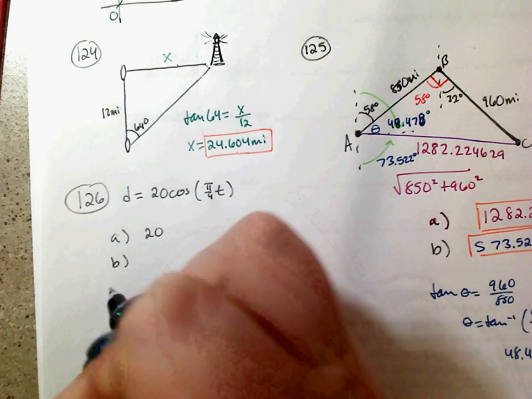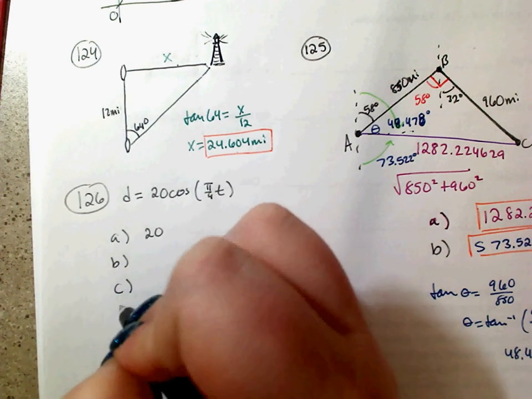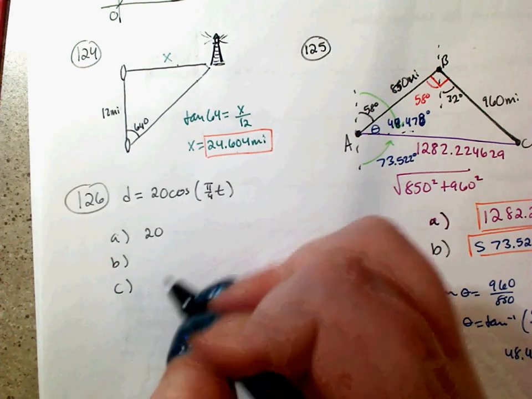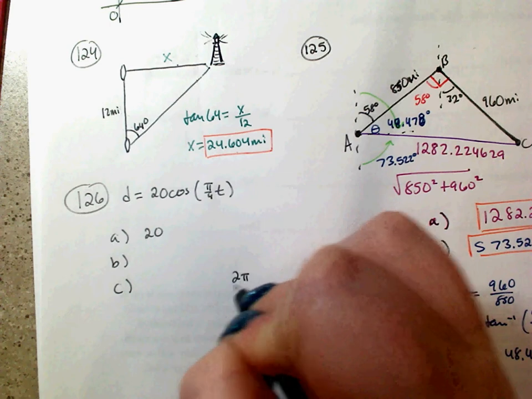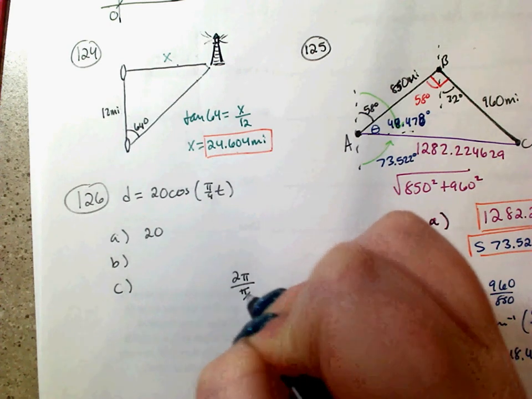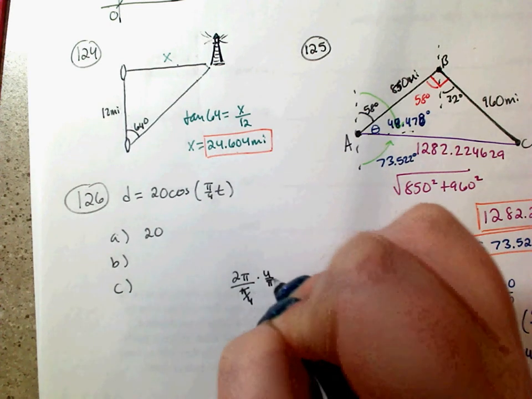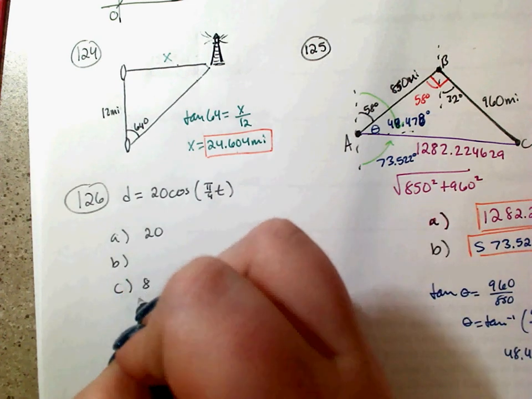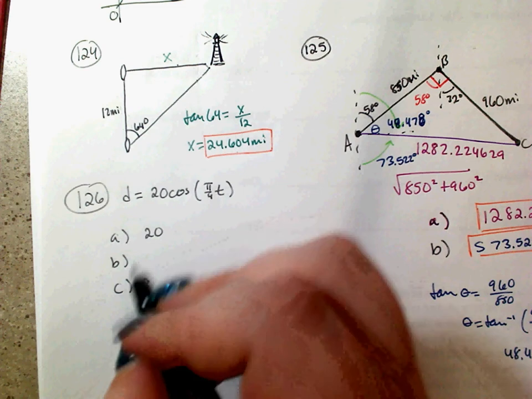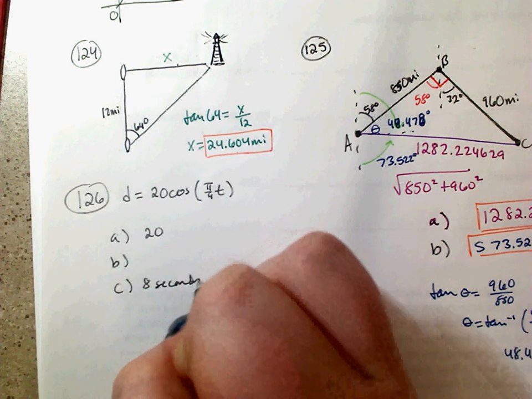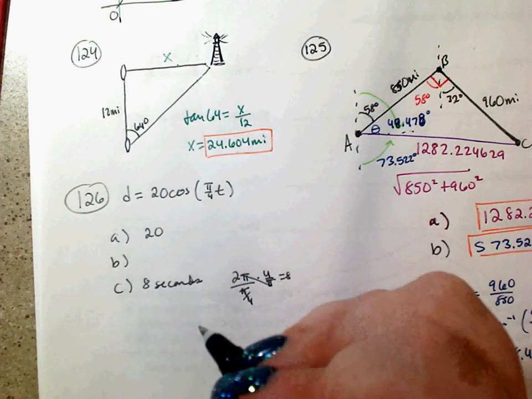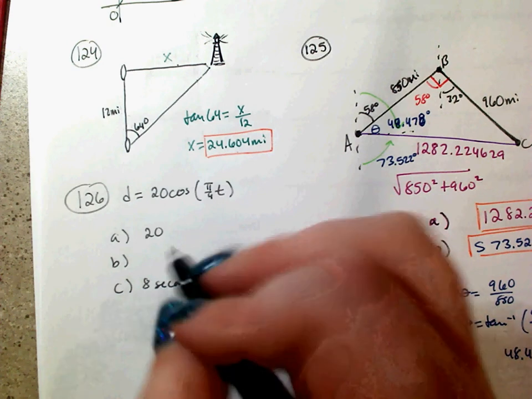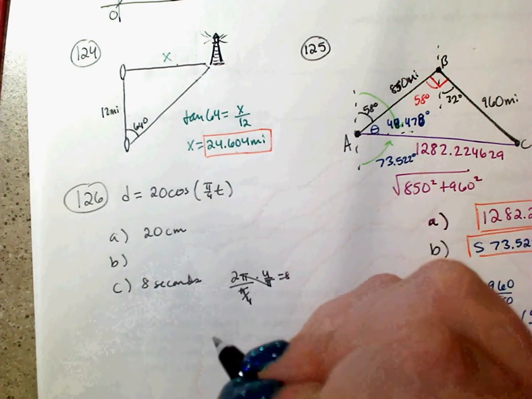Period is 2 pi divided by pi over 4, so times 4 over pi. I cancel out and get 8. It's measured in seconds, so 8 seconds. The maximum displacement would be 20 centimeters then. And then the frequency is 1 divided by the period, so it is 1/8 of a wave per second.